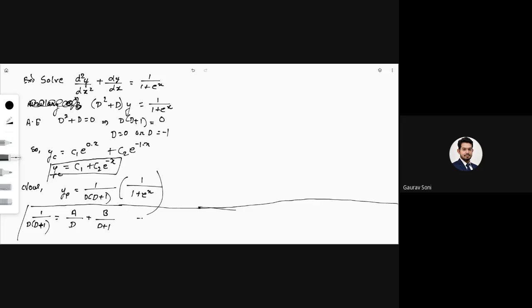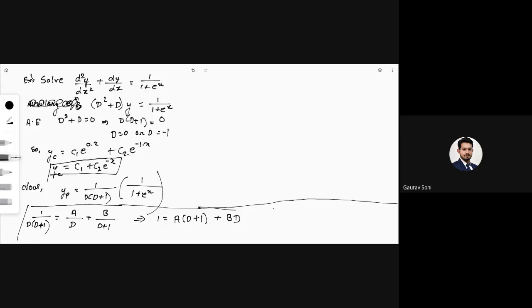So after this, what we will get? 1 is equal to A into D plus 1 plus B into D. So put the values of D in such a way that I'll get the unknown.